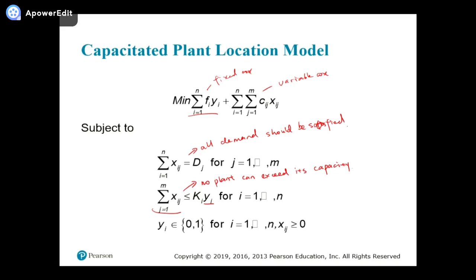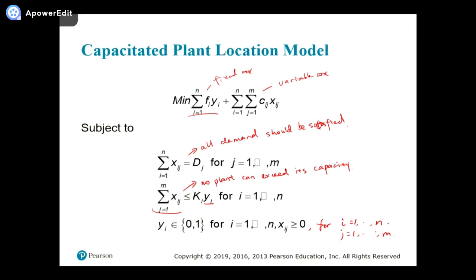And this should be for i from 1 to n and j from 1 to m. Okay, so now let's look at how to implement this plant location model.